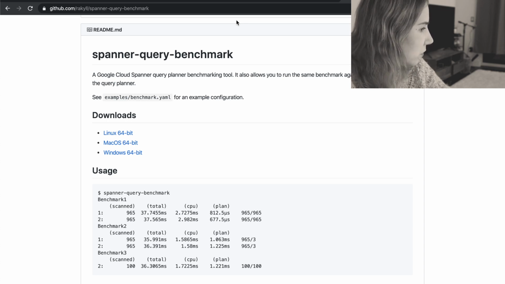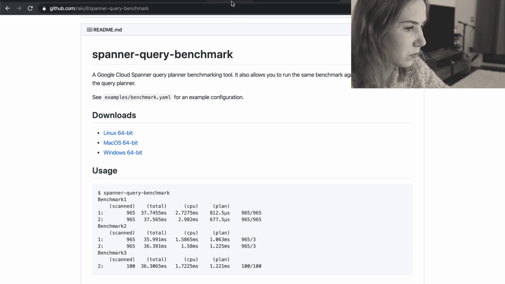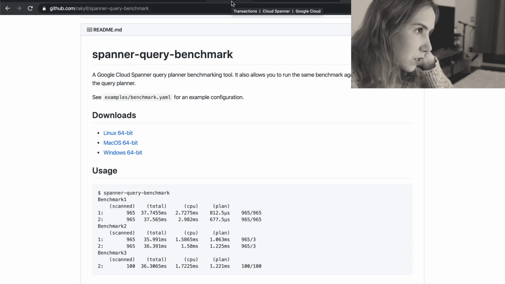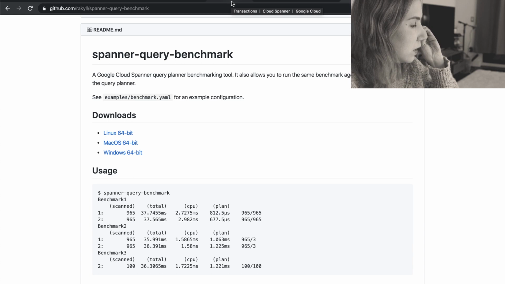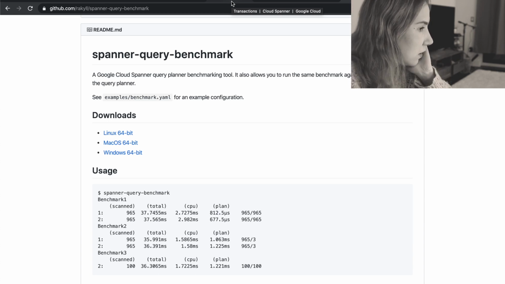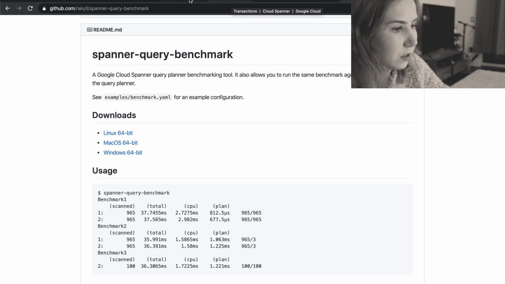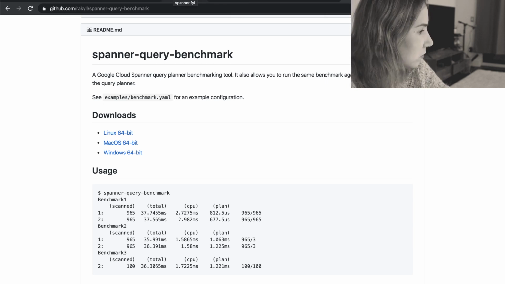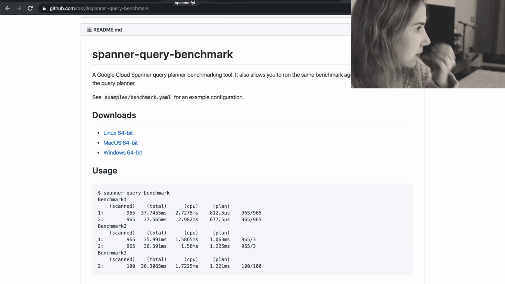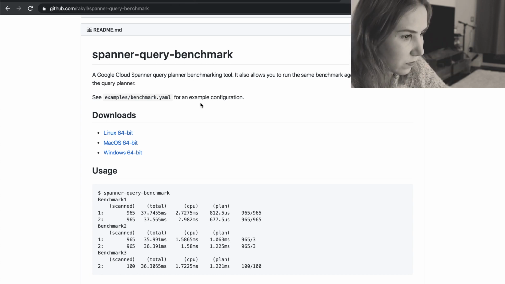A couple of years ago, we were also working on instrumenting some of our client libraries, so you should be able to get some introspection through distributed traces created in the client library. We don't surface a lot of backend spans in our distributed traces, but you should be able to see at least the client-side ones.